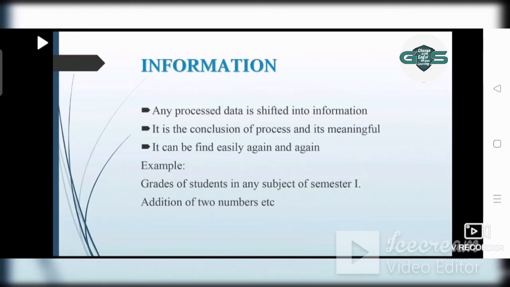For example, the grade of a student in any subject of semester 1, and the addition of two numbers, which is always the same. You can also conclude that information is the result of an analysis that you can perform again and again on the same observation and get the same results.